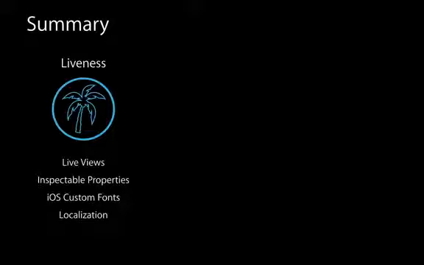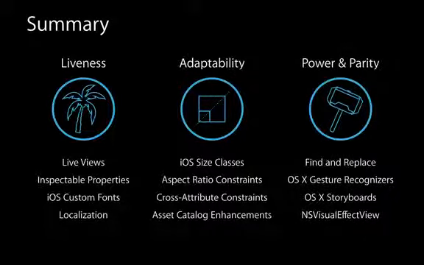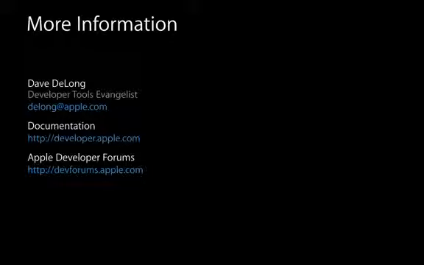There's more power for you to iterate quickly and avoid the costly build and run and debug loops. Second is adaptability and greater dynamism, being able to adapt to changes in configuration where your view can appear. And third is power and parity. Great new features in OS X and iOS, and within Interface Builder itself to help you work more quickly and efficiently than ever before.